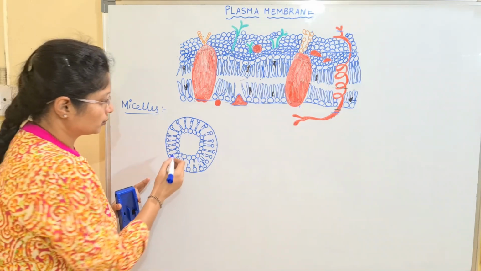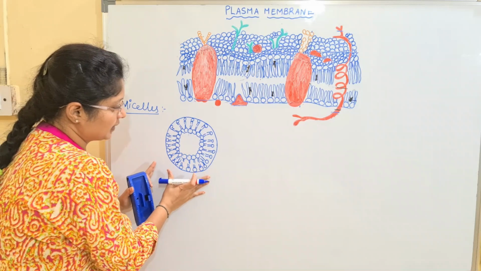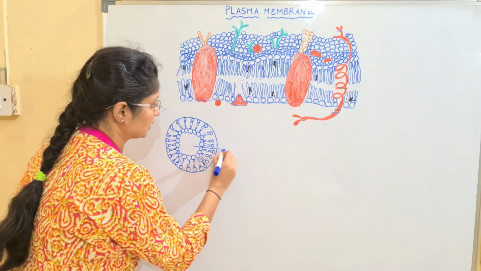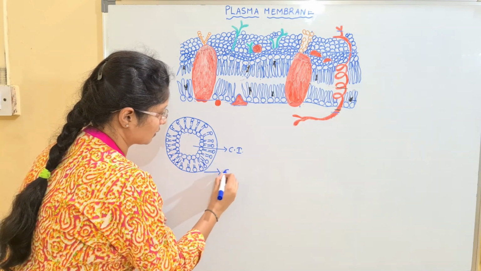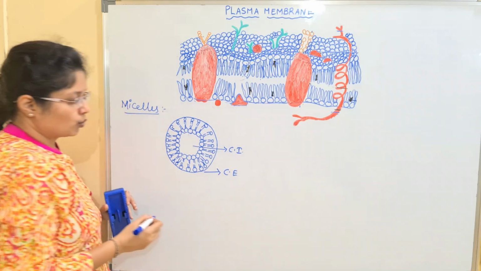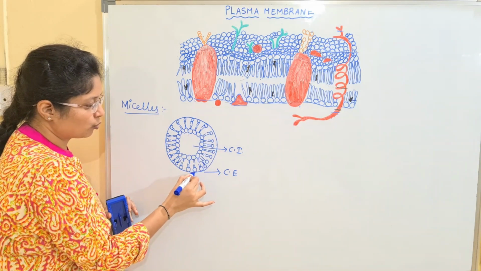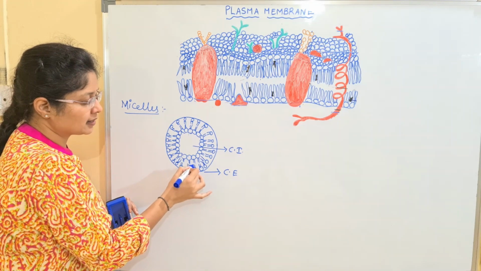Okay. So in this particular structure, the lipids are arranged in this manner, and let us say this is the cell interior and this is the cell exterior. What will happen? All these lipid molecules will have their polar surface outside and the non-polar tail region inside.